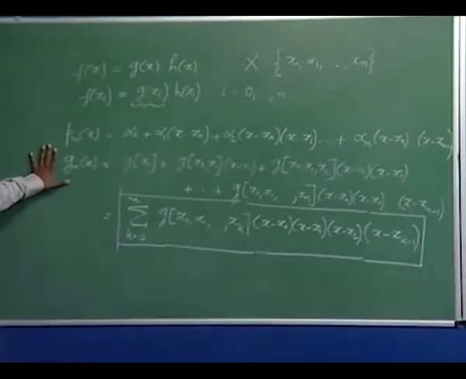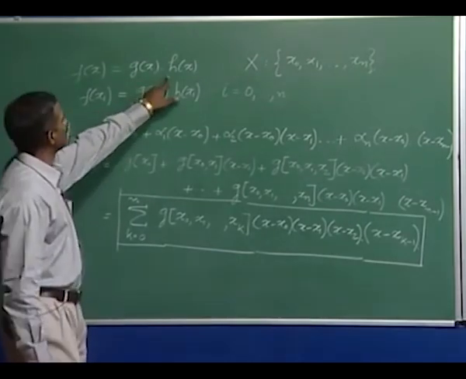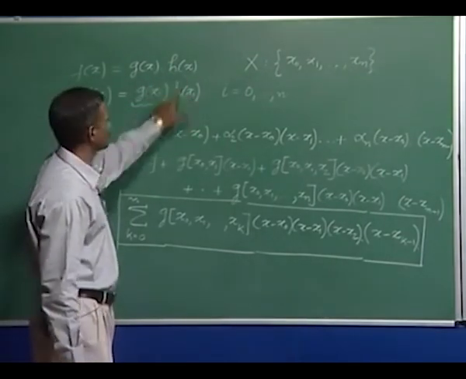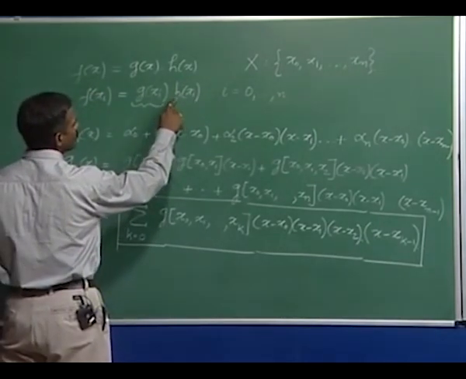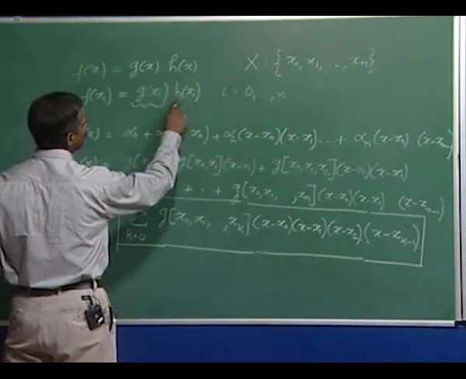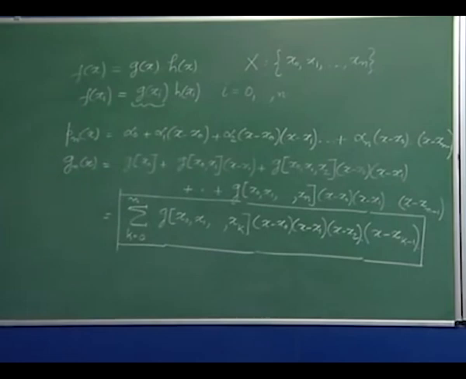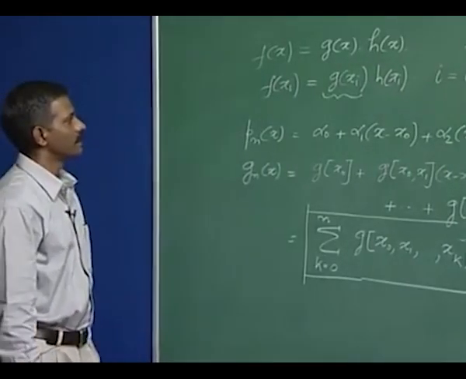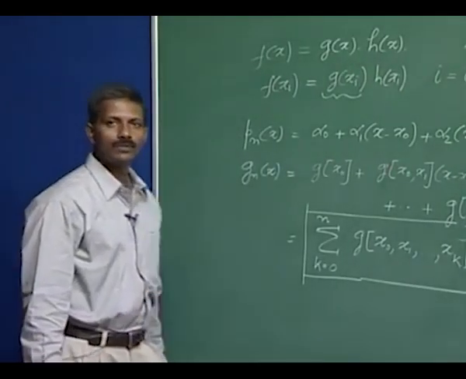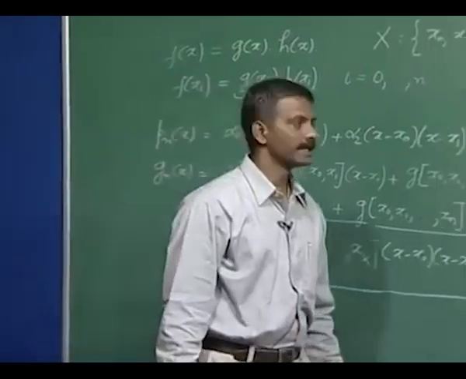Now we'll do something very similar for h of x as well. We have n plus 1 values of h of xi available to us. It should be possible for us, therefore, to construct a polynomial of degree n in h as well. But we'll use a slightly different trick.